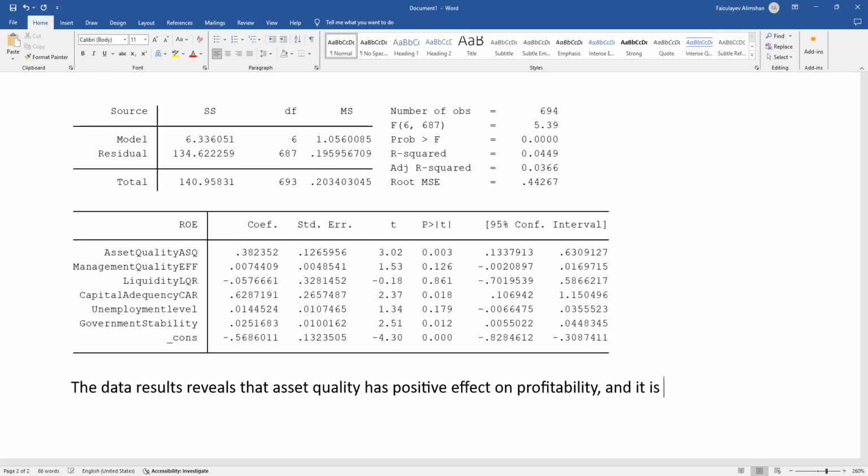And it is statistically significant. At what percent it is significant? Asset quality has a positive effect. So it is statistically significant at 1%.